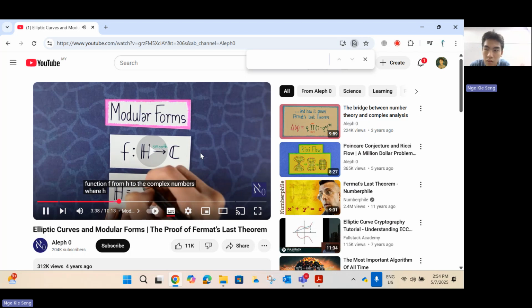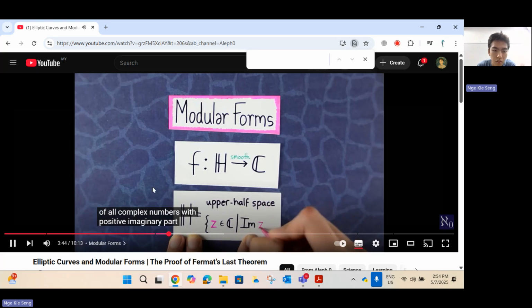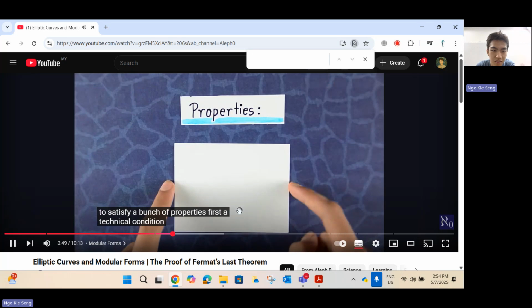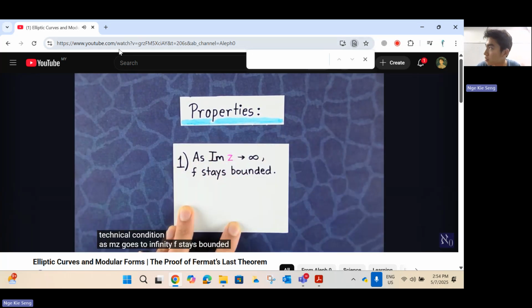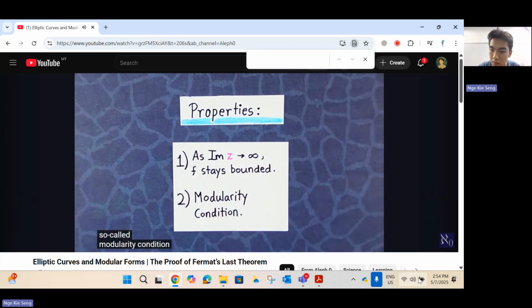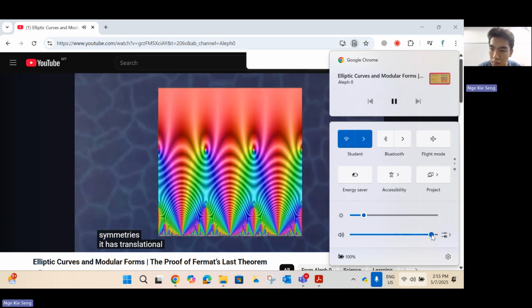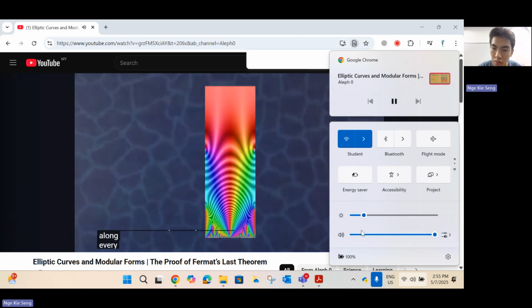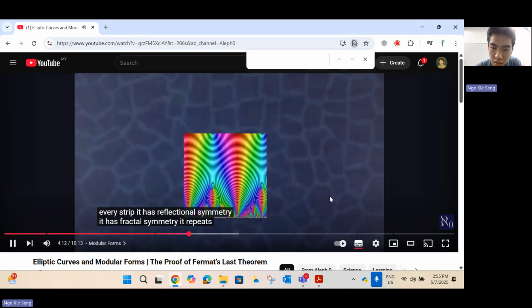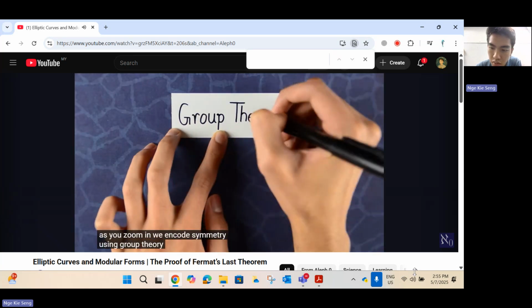Numbers, where h is the upper half space, the set of all complex numbers with positive imaginary part. This function has to satisfy a bunch of properties. First, a technical condition. As Im z goes to infinity, f stays bounded. More importantly, it satisfies a so-called modularity condition. To see this, let's notice that this function has a few symmetries. It has translational symmetry. It repeats along every strip. It has reflectional symmetry. It has fractal symmetry. It repeats itself as you zoom in. We encode symmetry using group theory.